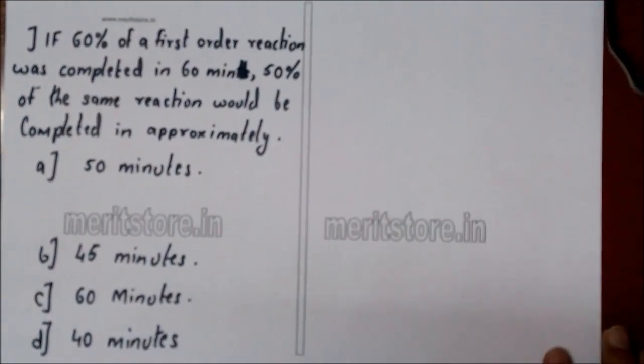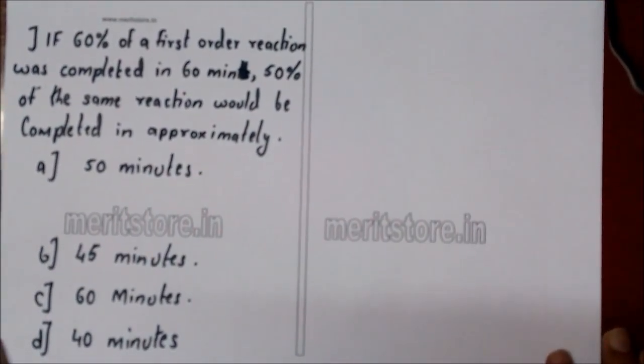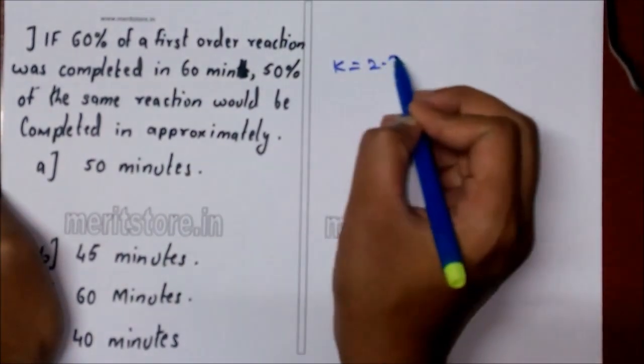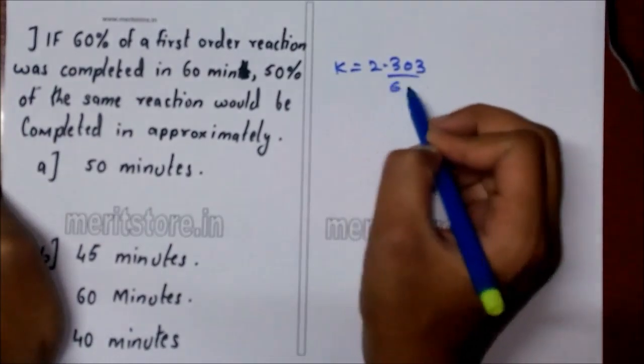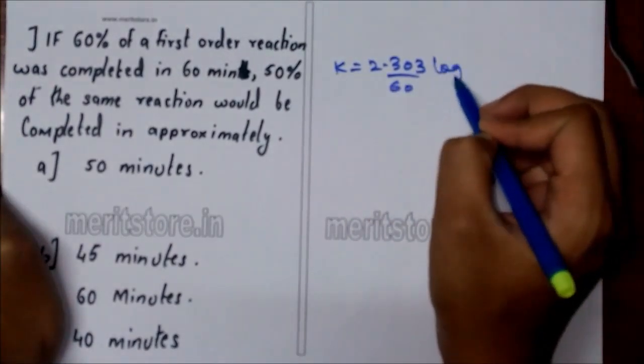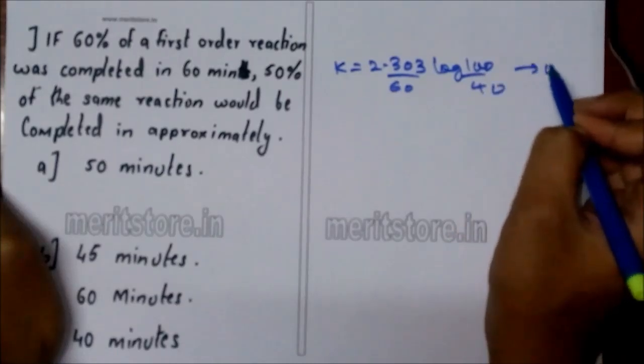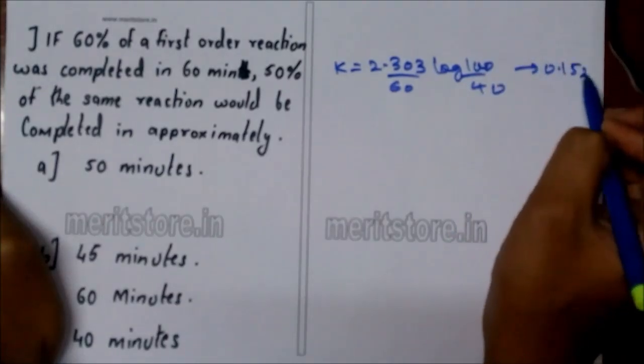So next question is: if 60% of the first order reaction was completed in 60 minutes, 50% of the reaction would be completed in approximately how many minutes? So the given equation would be K equal to 2.303 upon 60 log of 100 upon 40, equal to 0.152.